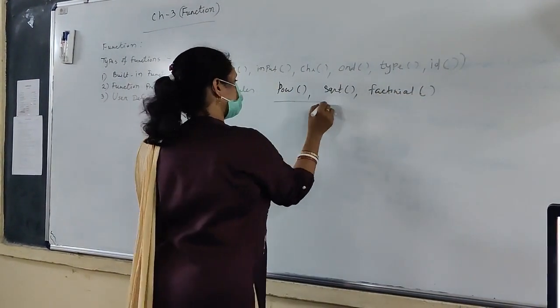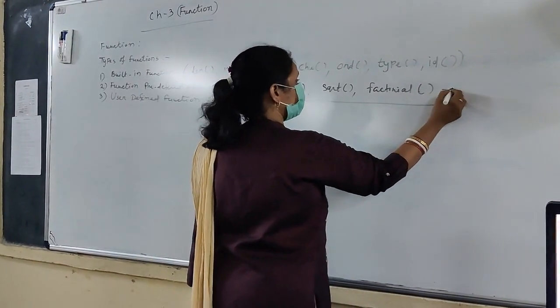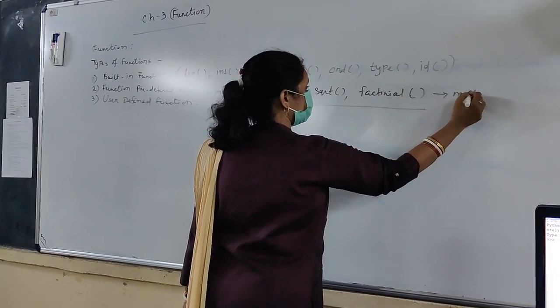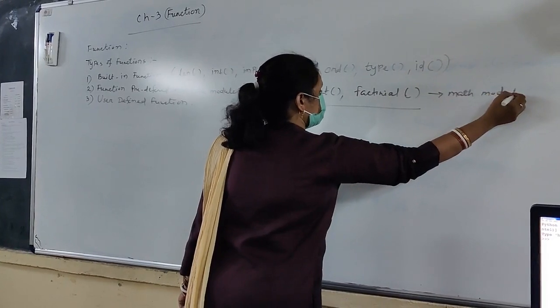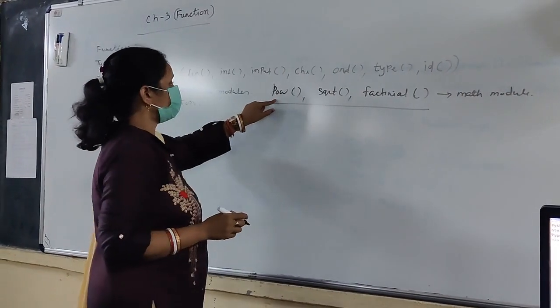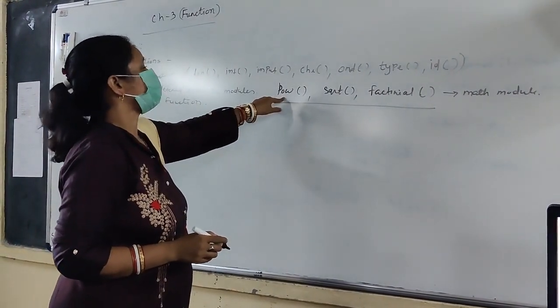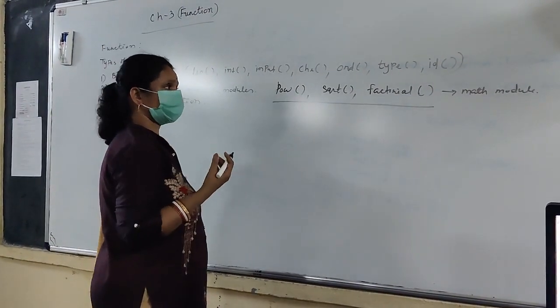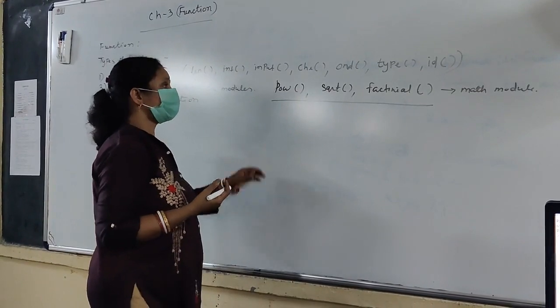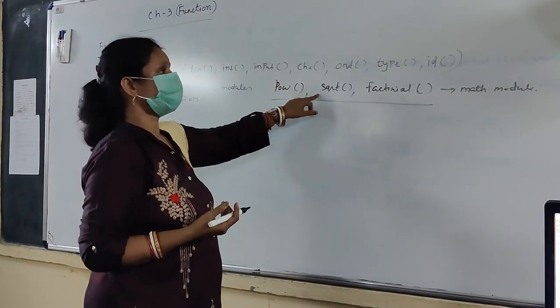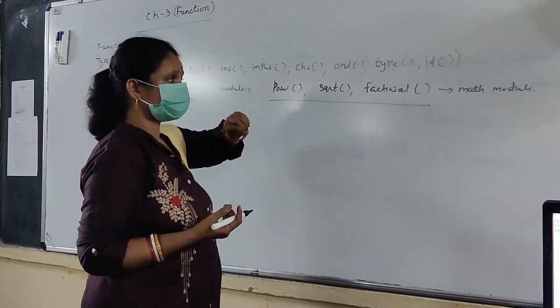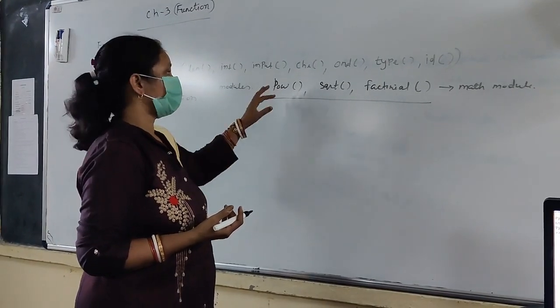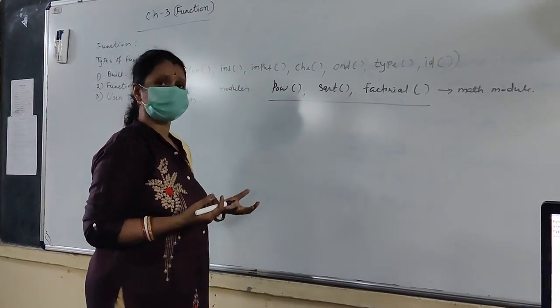These functions are available in the math module. If you use these functions directly, at that time we will get an error message. Why? Because these functions are available in the math module, so we have to import the math module. After that we have to use these functions.